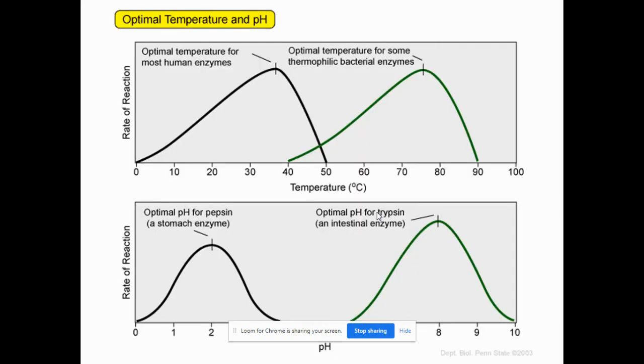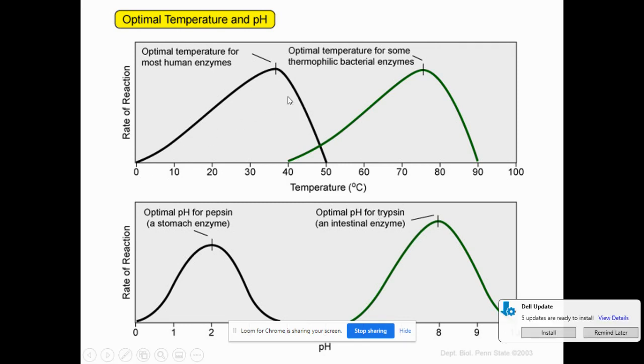Okay. All right. So this kind of graphs it out. All right. And so here is the optimum temperature for our enzymes, where the optimum temperature is around 98.6 Fahrenheit or around 37 degrees Celsius. All right. If you get too low, then they're going to kind of slow down and not really work well.